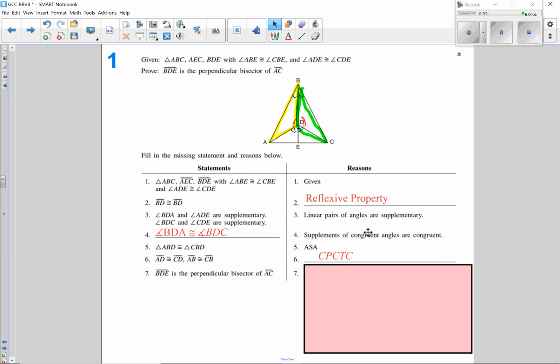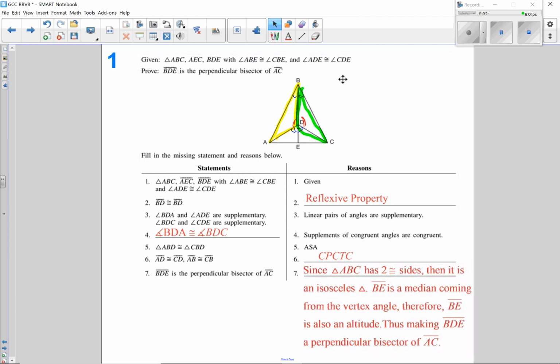And last but not least, the proof as to why BDE is in fact a perpendicular bisector of AC. Now, it's a little wordy here how we can go through this, but essentially what we have here is that this big triangle is in fact an isosceles triangle because we just proved that these two sides are equal. So if I have an isosceles triangle with a line segment coming from the vertex, that makes this a median, right?